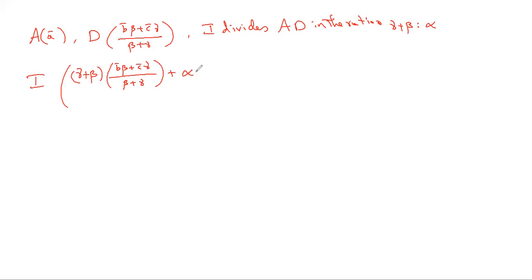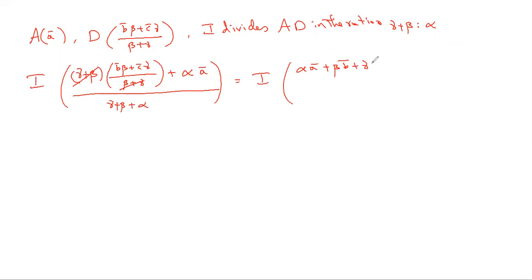N is alpha, A bar is the first vector, by the sum of those two, gamma plus beta plus alpha. Now these two get cancelled, and you get I is alpha A bar plus beta B bar plus gamma C bar by alpha plus beta plus gamma. Make a note of it.